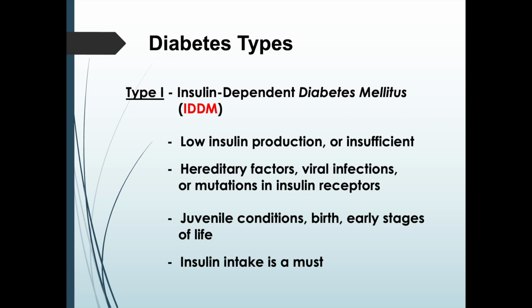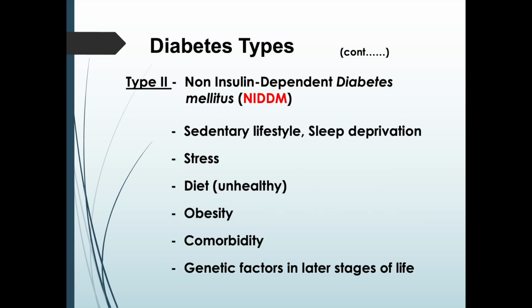But the other type of diabetes, called type 2 diabetes, is non-insulin dependent diabetes, and this starts depending on your lifestyle, mostly a sedentary lifestyle, which means less physical work, eating and sitting, no physical work, no activity.